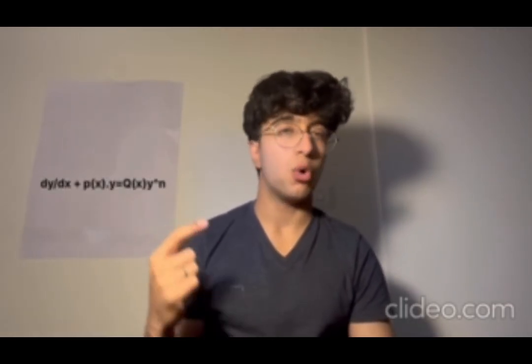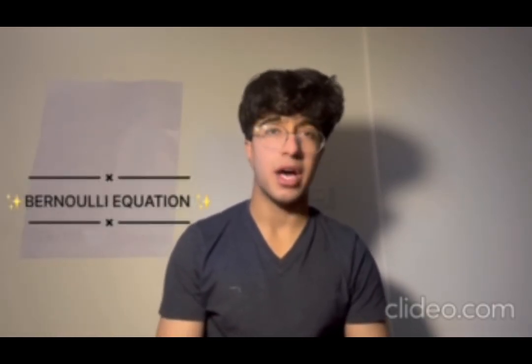Now imagine that you have an equation: dy by dx plus p of x into y equals q of x into y to the power n. This is what we call a Bernoulli's equation. If n equals 0 or n equals 1, congratulations, you already have a linear equation. Nothing to do.